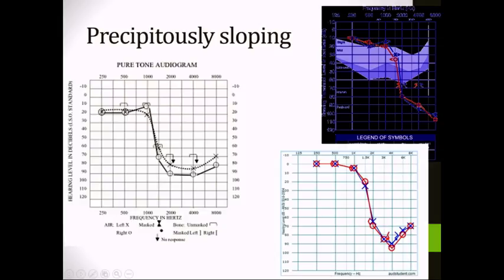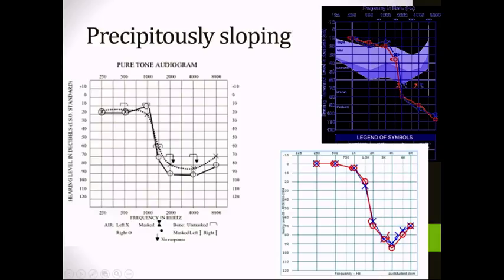These are different examples of precipitously sloping. So sometimes what you see is relatively flat, usually pretty good thresholds, and then a sudden drop, where the hearing loss changes really steeply from one octave to the next octave or to an interoctave.